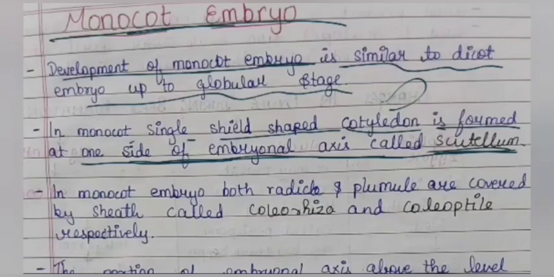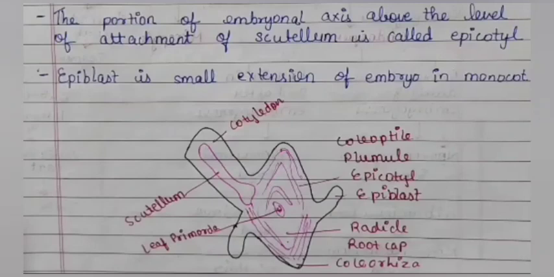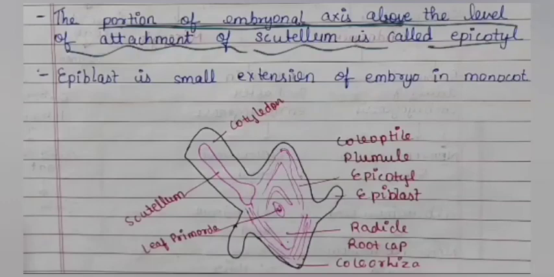And in the monocot embryo, the radicle is covered by the coleorhiza and the plumule is covered by the coleoptile. The portion of the embryonal axis above the level of attachment of the scutellum is called the epicotyl.